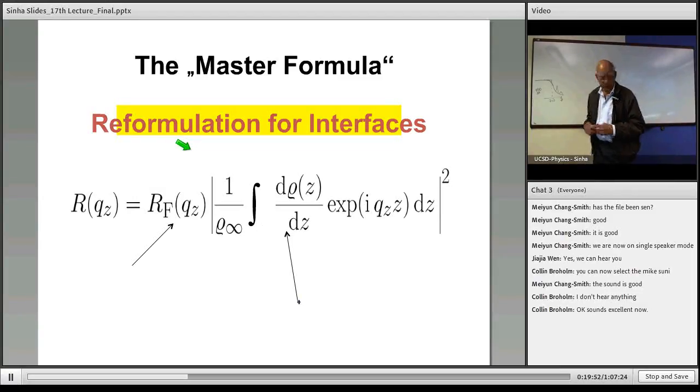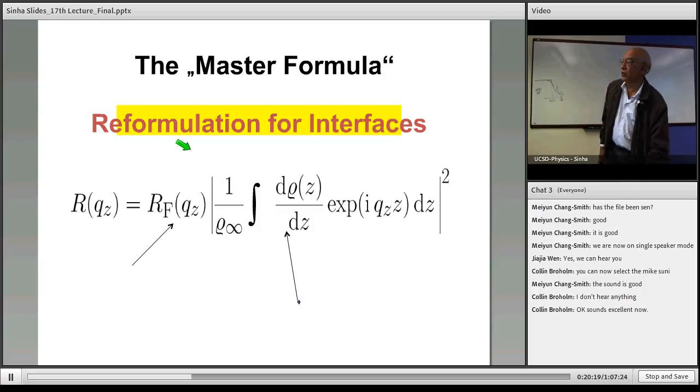Which is basically saying that if this is the scattering length density, then the Fourier transform of the derivative of this density, modulus squared, divided by the value of the scattering length density of the substrate deep into the substrate, modulus squared, times the Fresnel reflectivity, essentially is a good approximation for the reflectivity for an arbitrary profile rho of z.